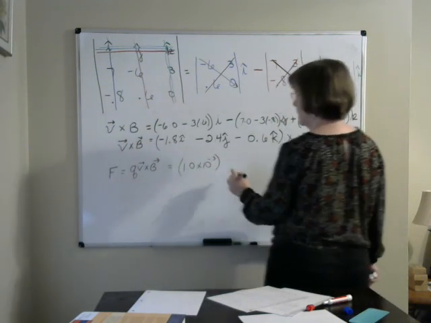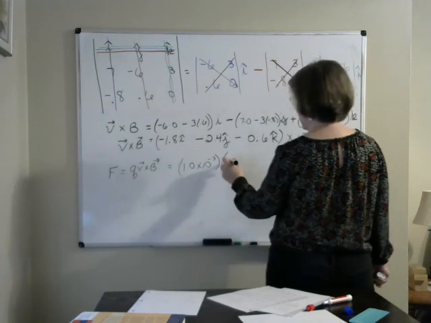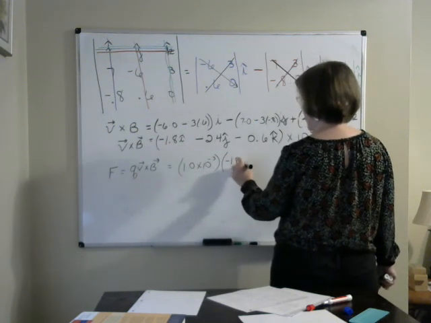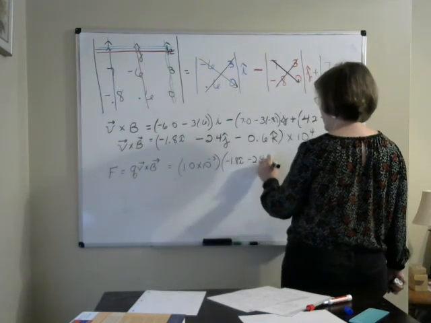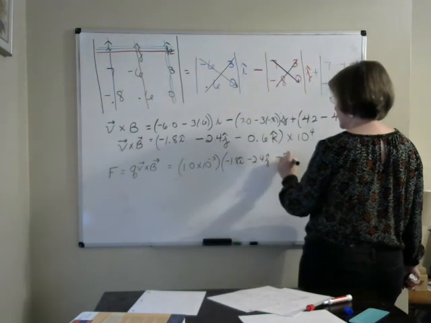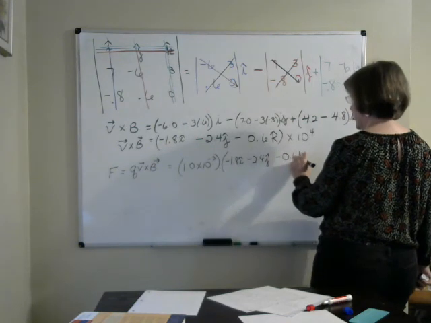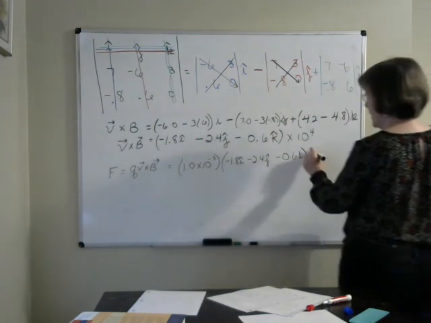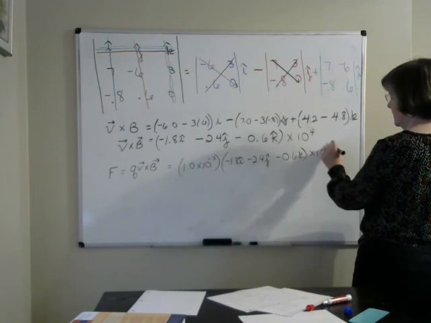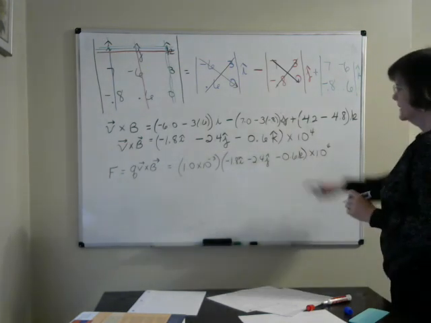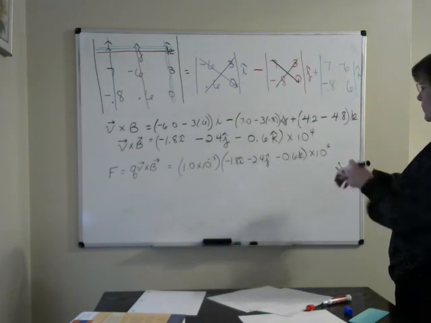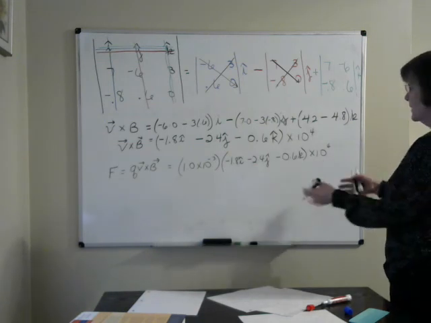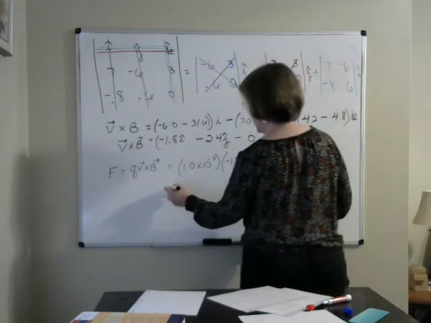That's a microcoulomb. And of course, negative 1.8 I minus 2.4 J minus 0.6 K times 10 to the fourth. Well, 10 to the negative 3 and 10 to the fourth, that just multiplies to equal 10. So the whole thing just is going to come out to be times 10.